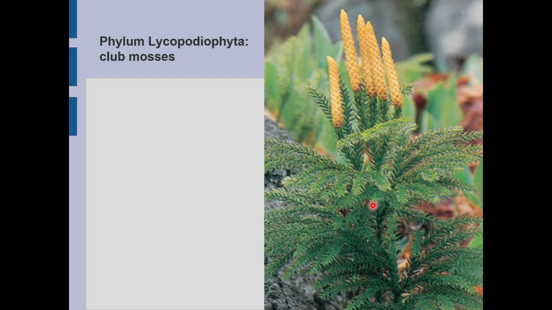In Lycopodium, the sporophyte is the conspicuous generation, whereas the gametophyte is a small thallus ranging from very small, micro size, up to 1 inch in length.